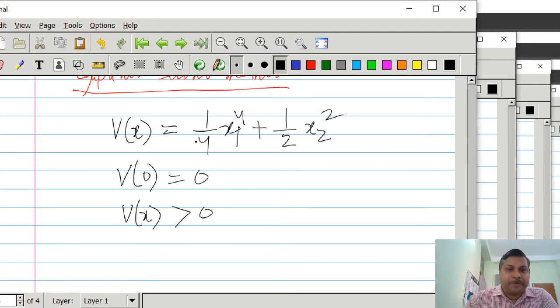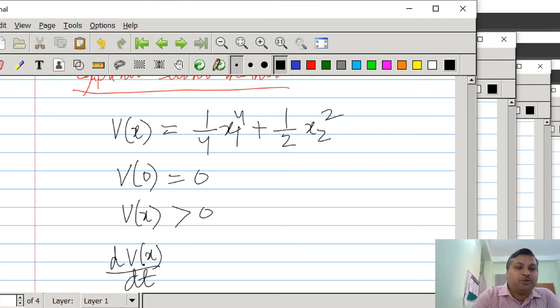Now we have tested that the V x you have chosen is obeying the property. Now you have to calculate dV by dt, and you have to show that if it is less than or equal to 0, then we can say that the system will be stable.